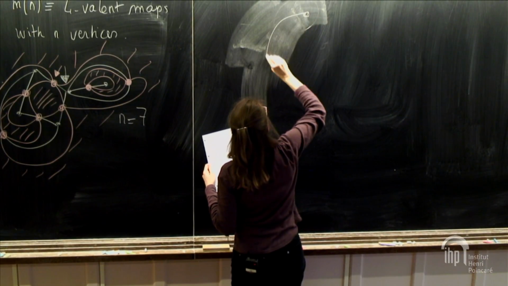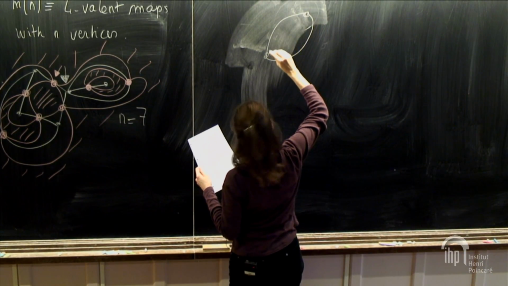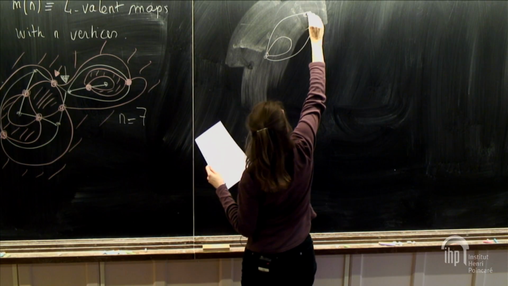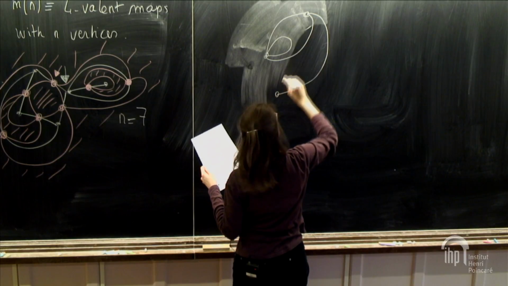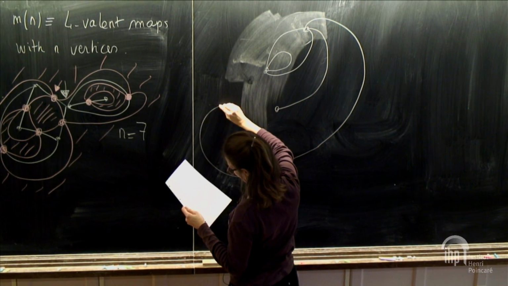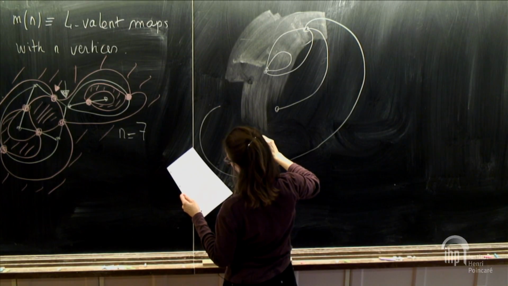Okay, so here I have a diagon with a loop inside. Then I had something going here. A big thing here.